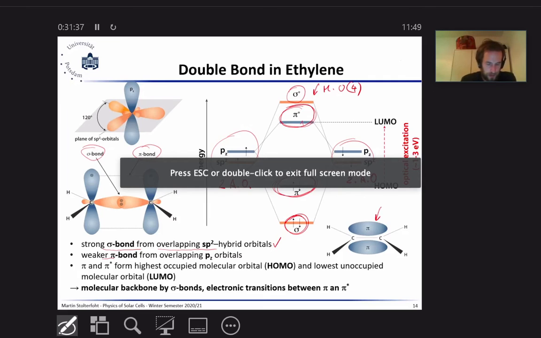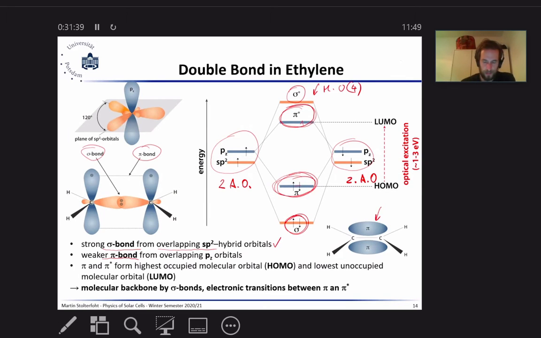And the weaker pi bond, why is it weaker? Because this energy is not so far down. It's not so strongly holding the molecule together. And it can also be more easily excited, so this double bond can break. The weaker pi bond forms from the pz orbitals, as we discussed just before.